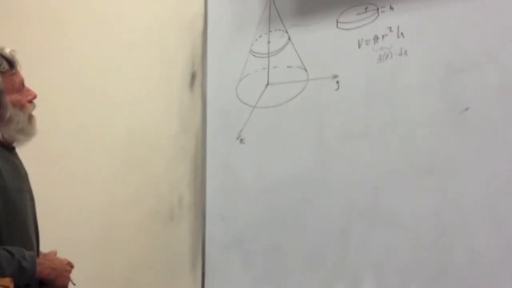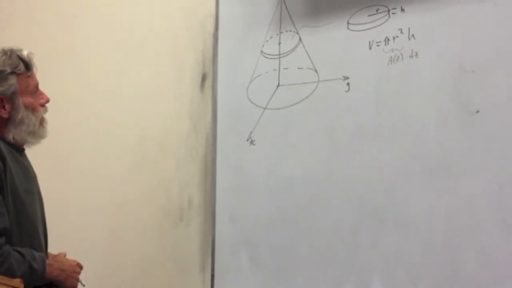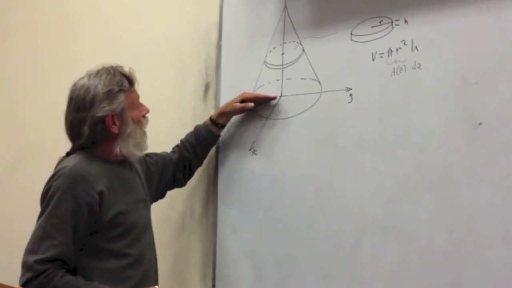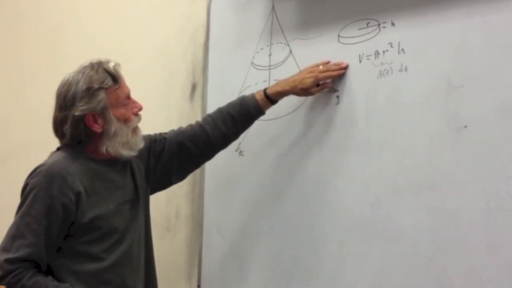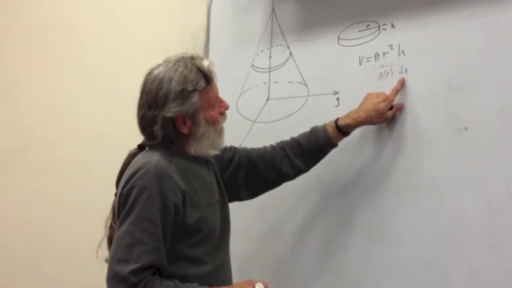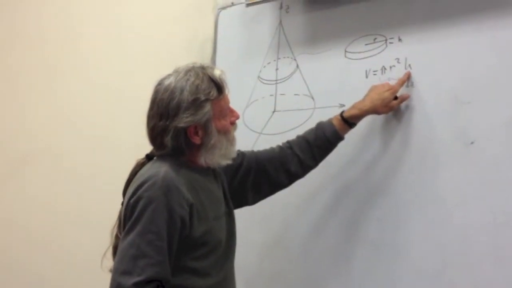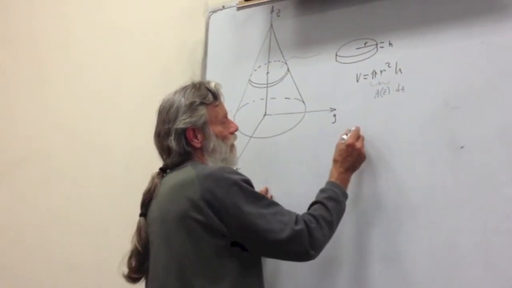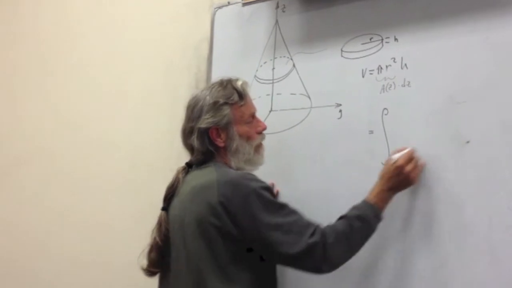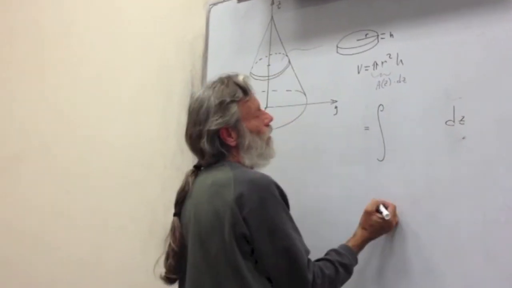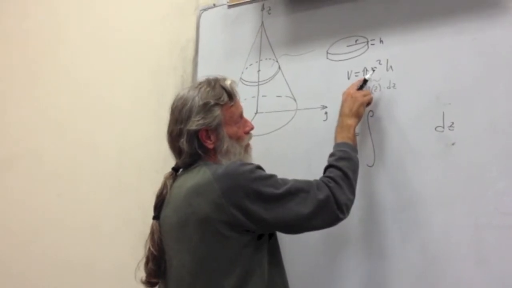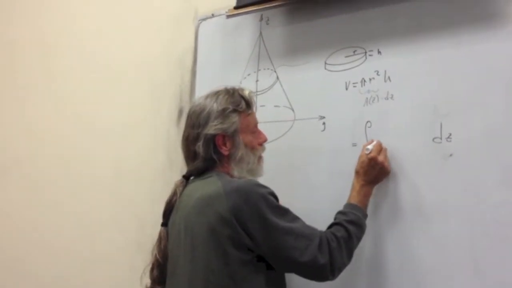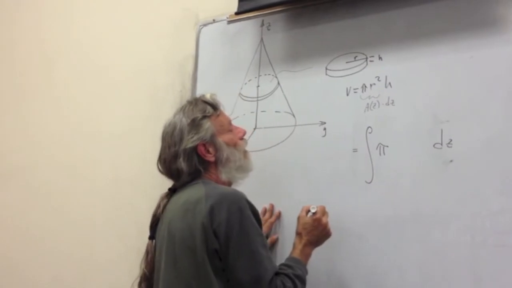And so I need to set this up so that from the bottom here to the top I can have expressions for these in general. Actually, I'm already identifying what the dz is, like the h. So this is going to end up being an integral with a dz in it. The A of z term is built out of this pi r squared structure, so certainly pi wouldn't change.